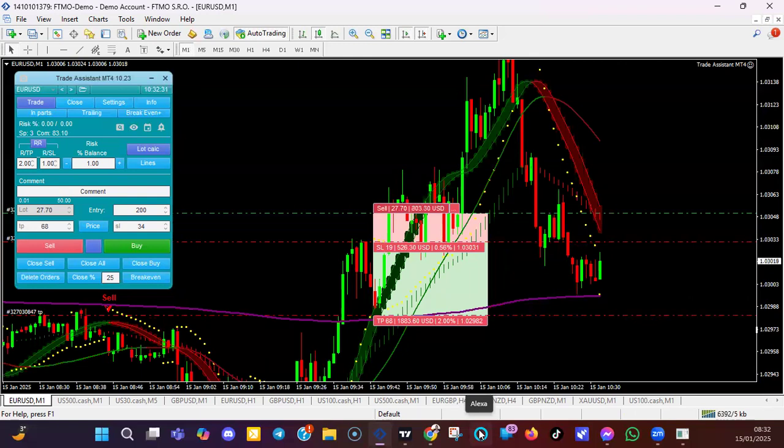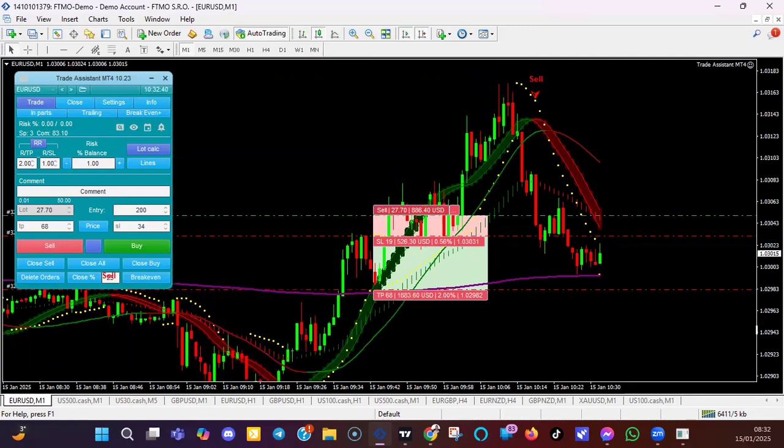And if it breaks it, it breaks it. That's one way of doing it. There's several different ways of trading. Protecting your equity is a very, very important part of trading. Well, it's an essential part of trading, to be fair.